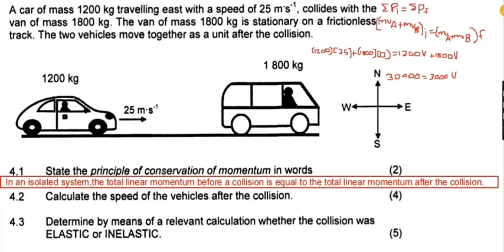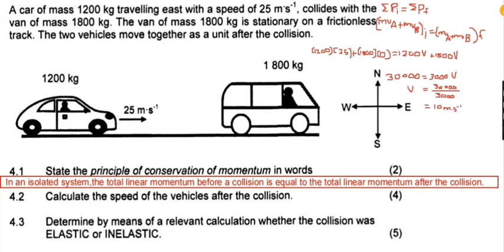Now it's just a matter of getting V alone by itself, which you should be able to get by dividing 30,000 by 3,000. So you do that and then you get an answer of 10 meters per second.